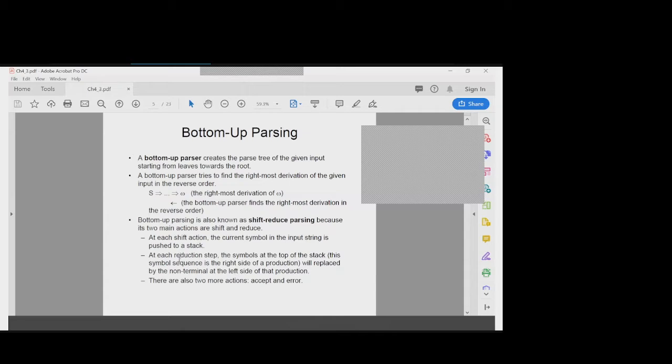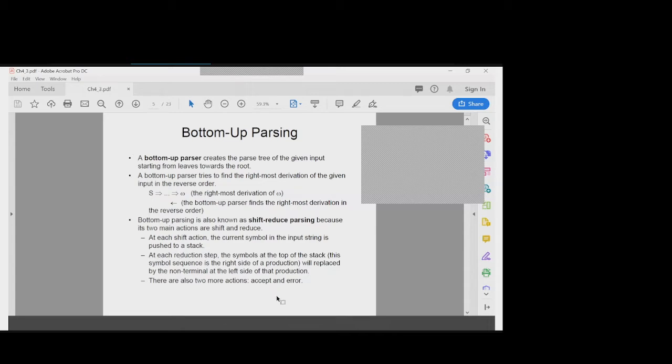Suppose your production is E gives AB. E is a non-terminal symbol here, and a, b are terminal symbols. So you can reduce AB to the non-terminal symbol E. In that case, the step is called reduction. When AB is there in the string and you replace it with the non-terminal symbol E, you are reducing.